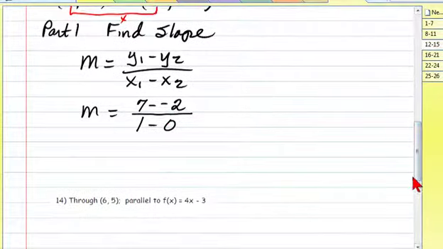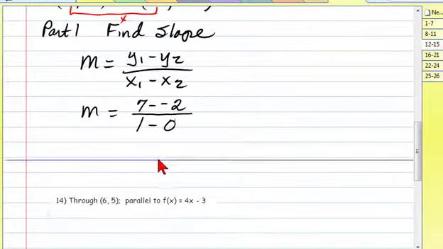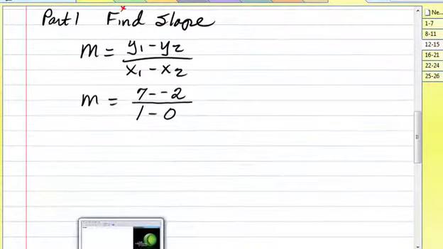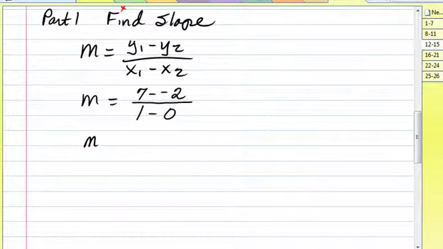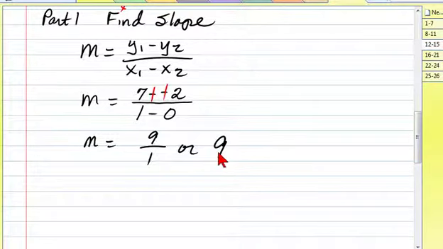Easy to make a sign mistake at this point. Minus minus, it makes that plus. So I have 7 plus 2, which is 9, over 1, or 9. Slope is 9. So part 1 of the problem was to find that the slope was 9.